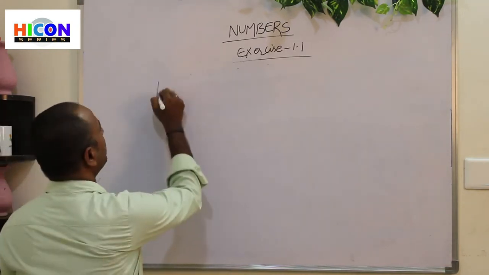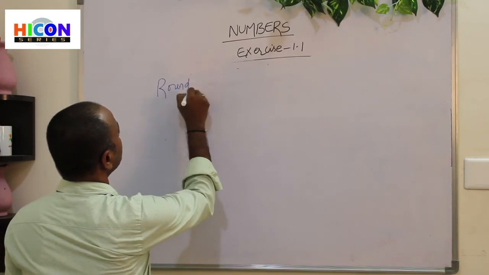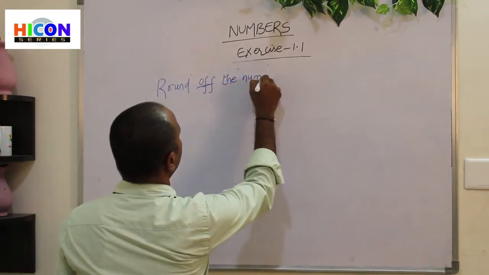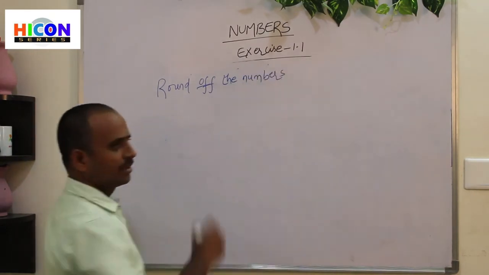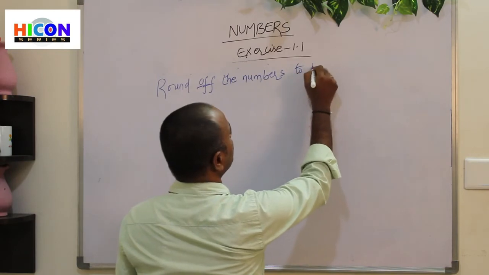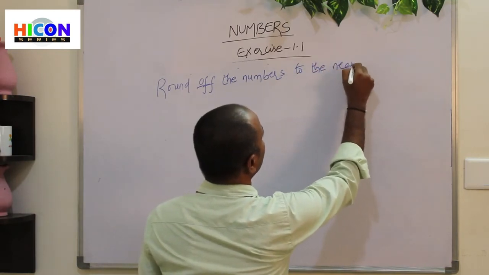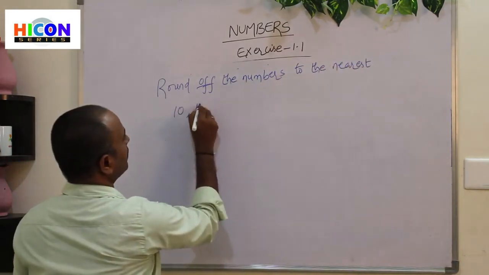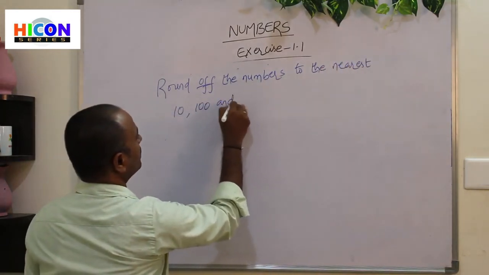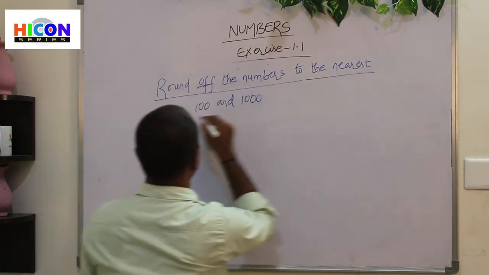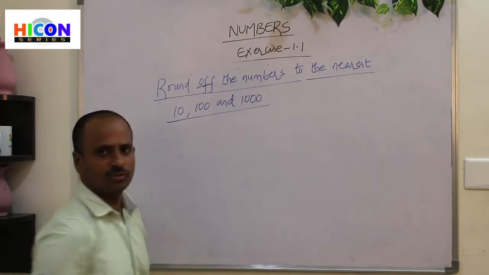So round off the numbers to the nearest tens, hundreds, and thousands.